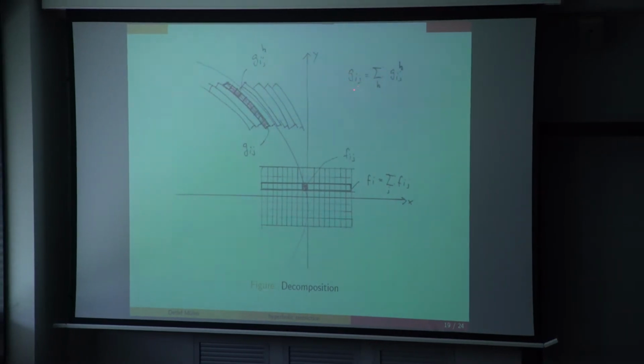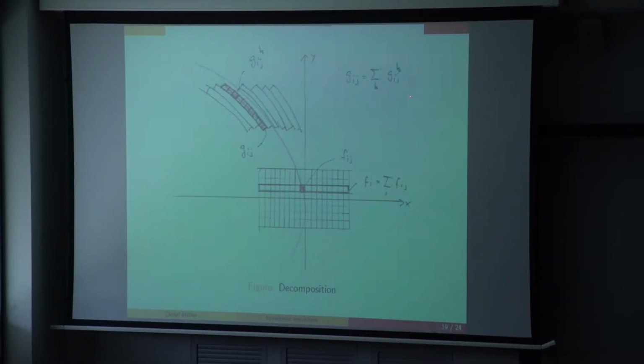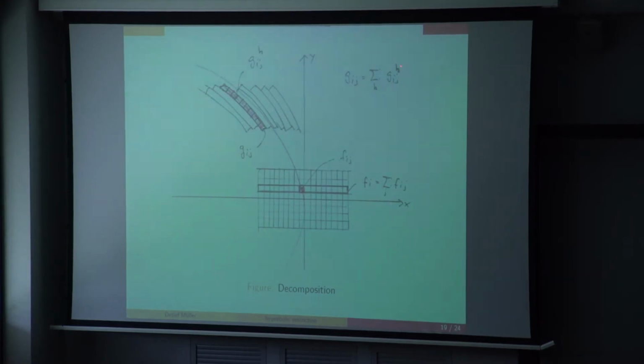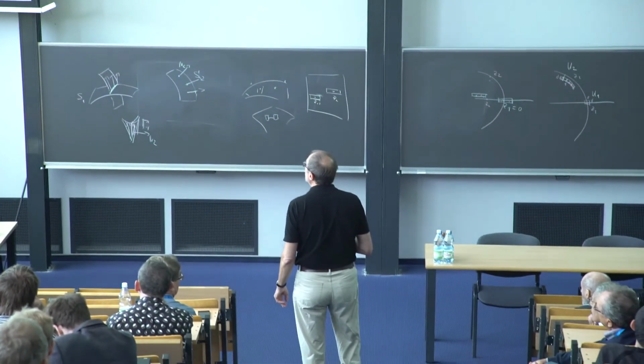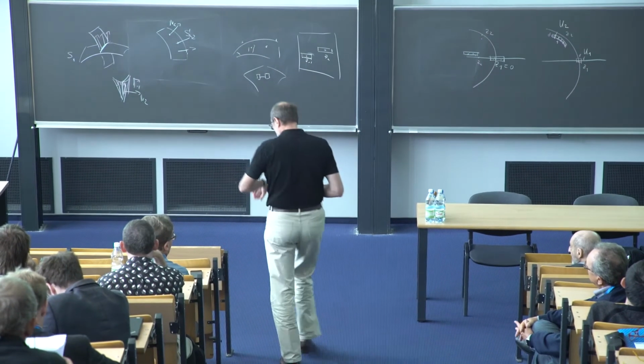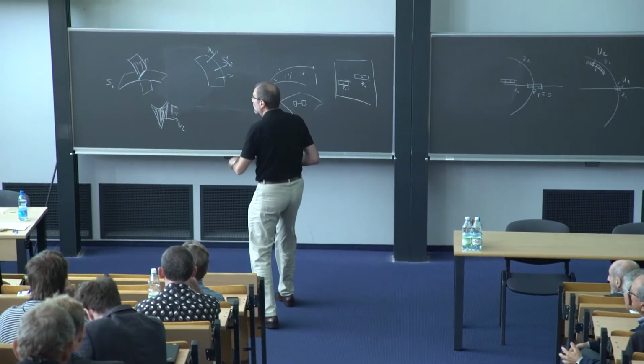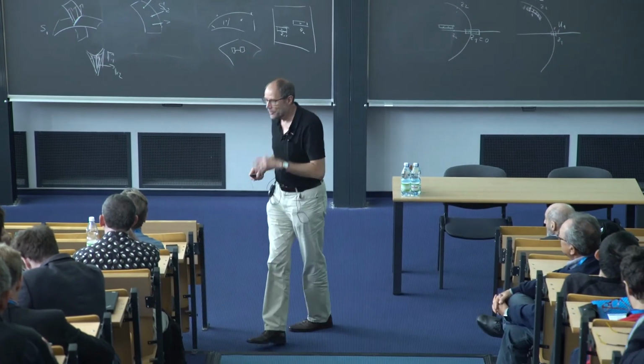That means each function G sub ij is decomposed into the sum of G sub ijk, where k indexes which square box you choose, right? So that's the idea. Maybe I don't draw a picture. I hope you can roughly keep the picture in your mind.